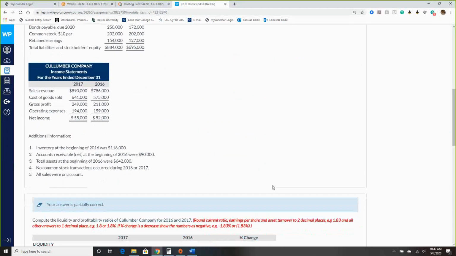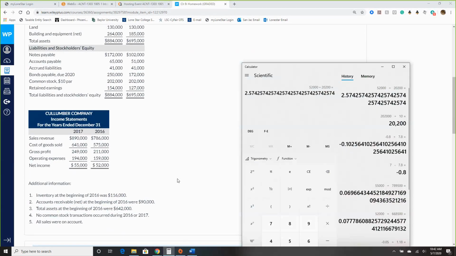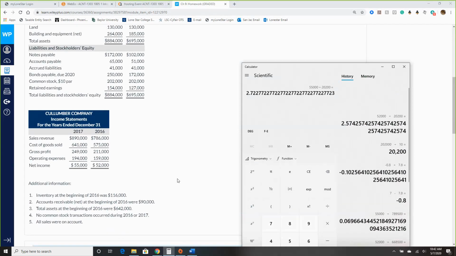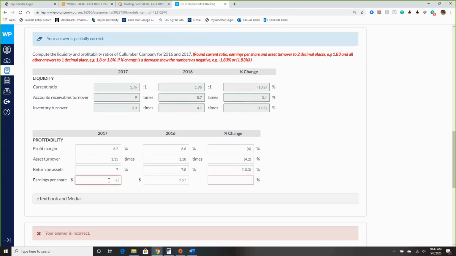And in 2017, we have 55,000 divided by 20,200. This is 2.72. Ooh, this is a positive one. They actually increased in their earnings per share.